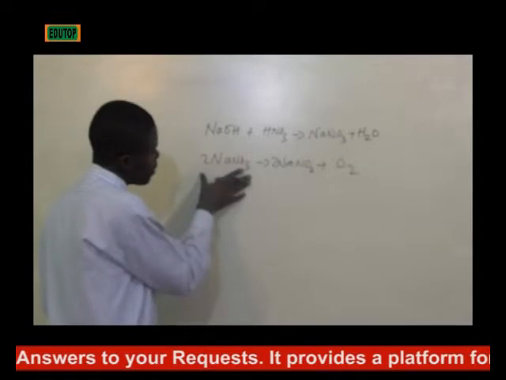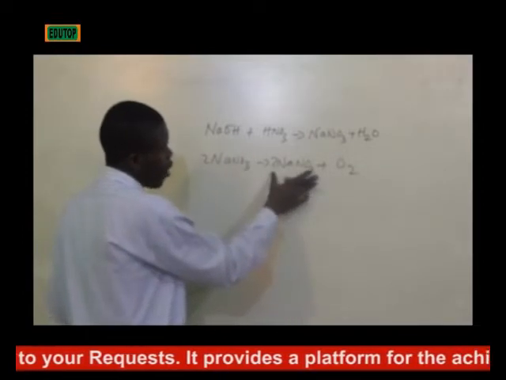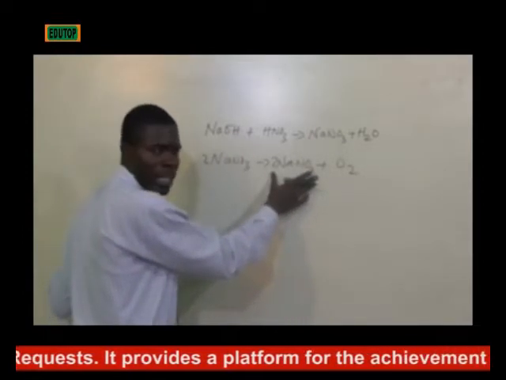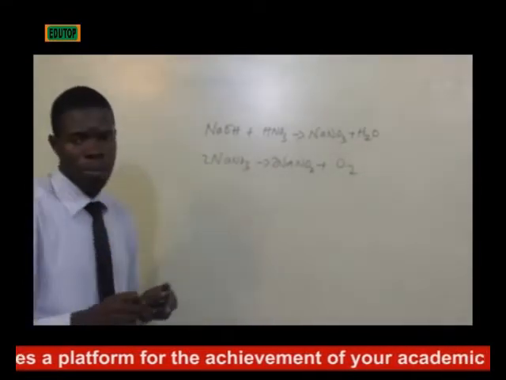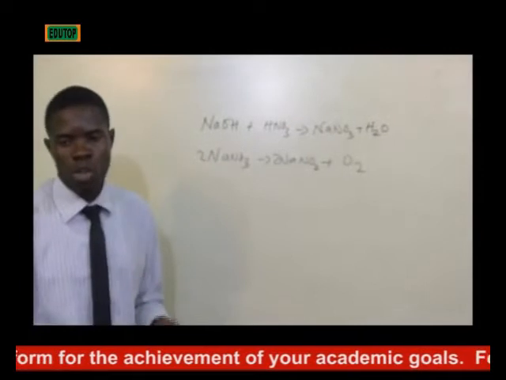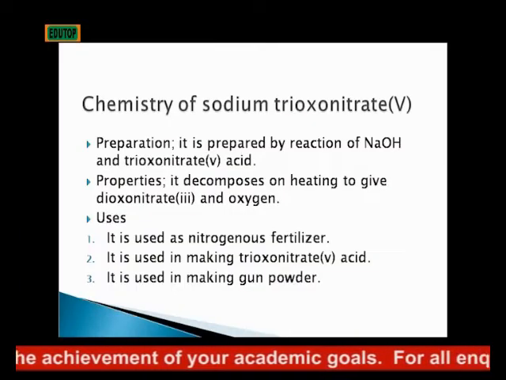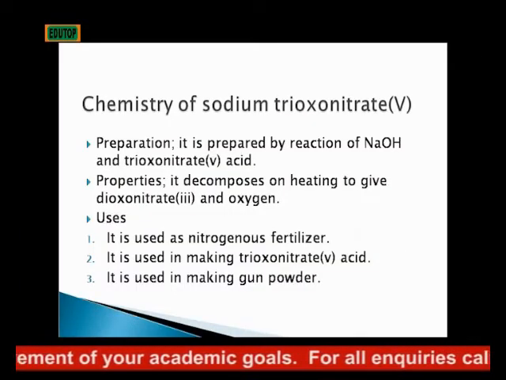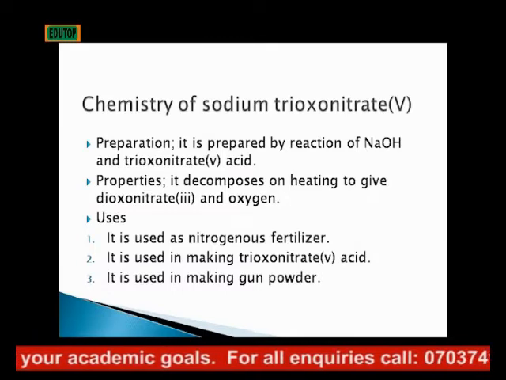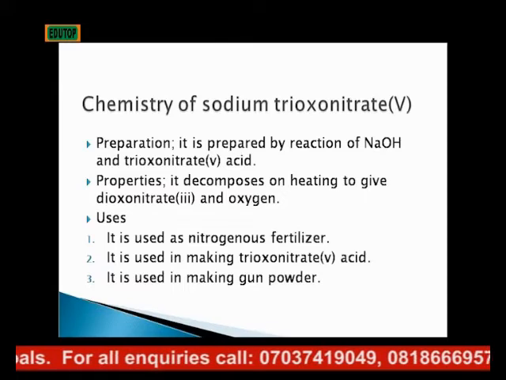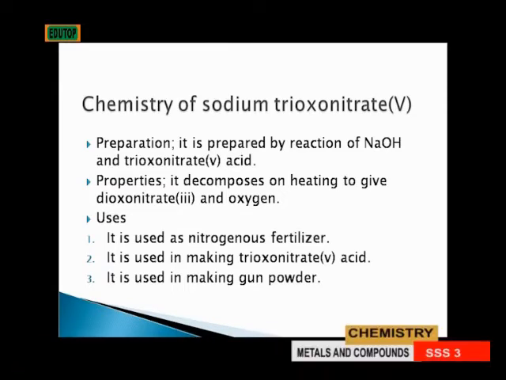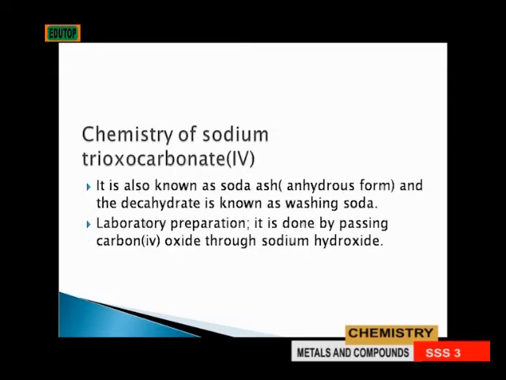So when this is heated, you have dioxonitrate 3 and oxygen gas being produced. Uses. 1. It is used as nitrogenous fertilizer. 2. It is used in making trioxonitrate 5 acid. 3. It is used in making gunpowder.